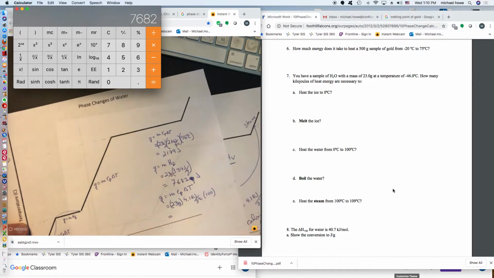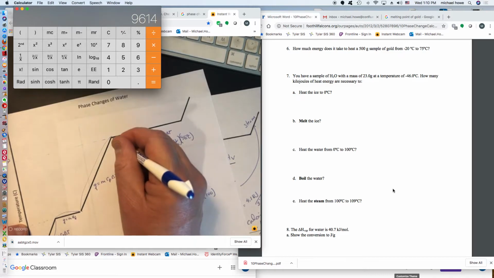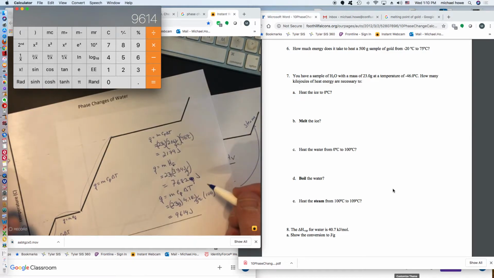So doing the math, you'd have 23 times 4.18 times 100, 9,614. So now we know how much energy it takes to get from here to here, given 23 grams of water.